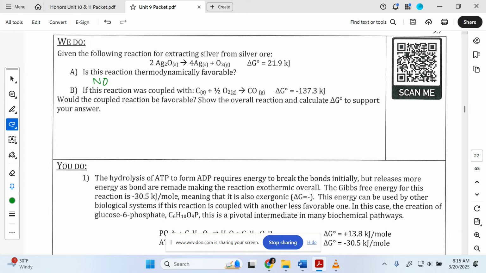All right, so up here I have 2Ag2O yields 4Ag and O2.